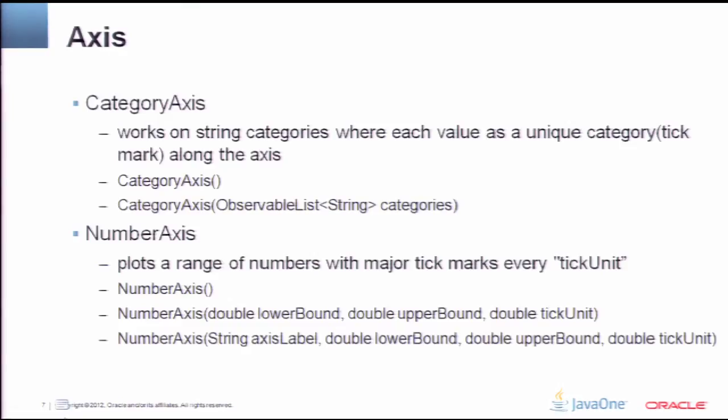Category axis works on string categories, where each value represents a unique category, and the number axis plots a range of numbers, and these numbers can be any type supported by Java. You can create auto-ranged axis by using default constructor, or you can specify axis range by the axis parameters.